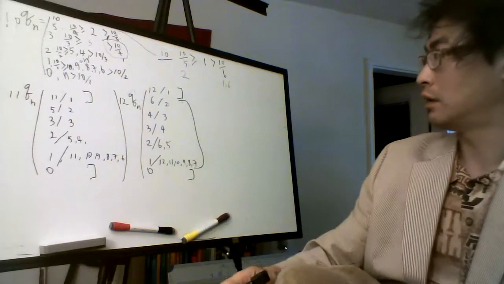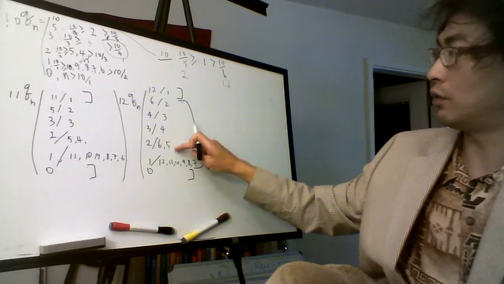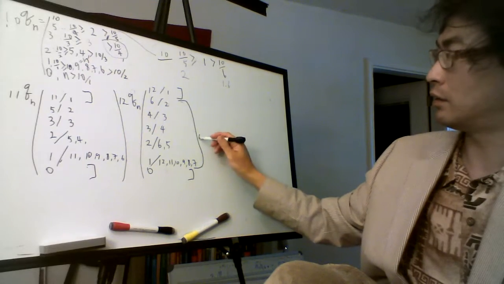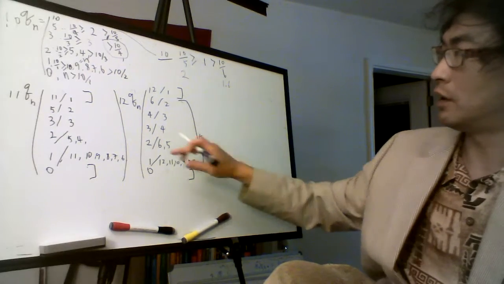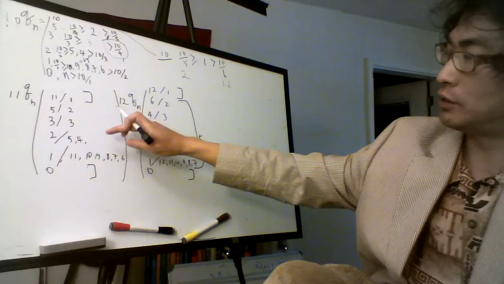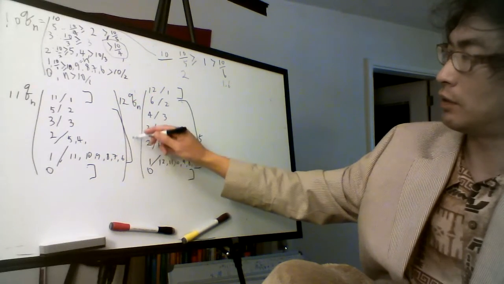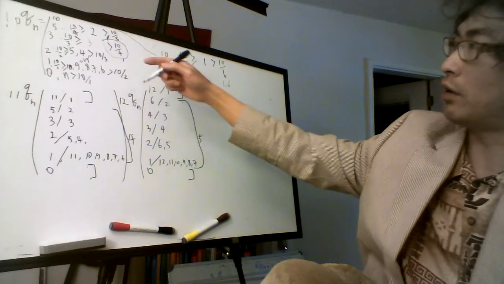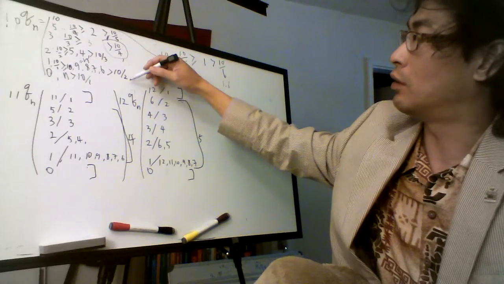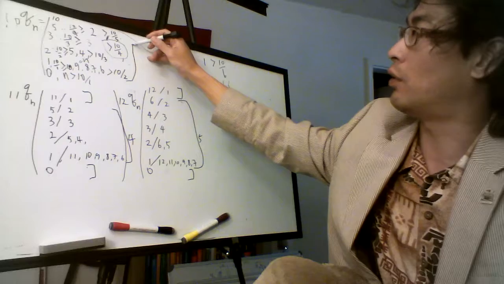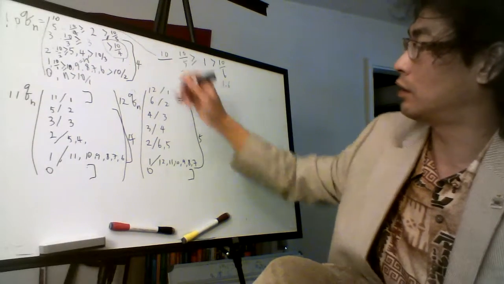Here you have 1, 2, 3, 4, 5, so 5 rows in the middle. Here you have 1, 2, 3, 4, 4 of them. Over there, we have 1, 2, 3, 4, 4 of them.